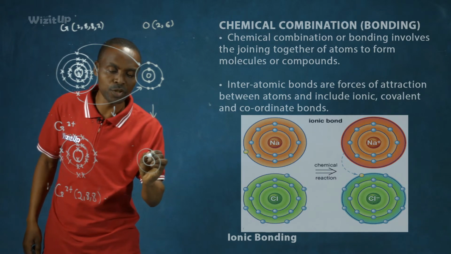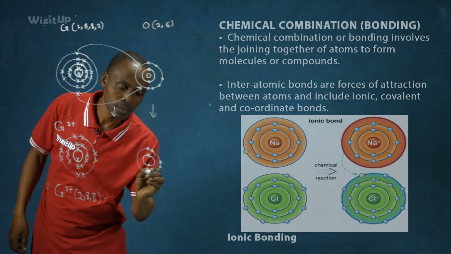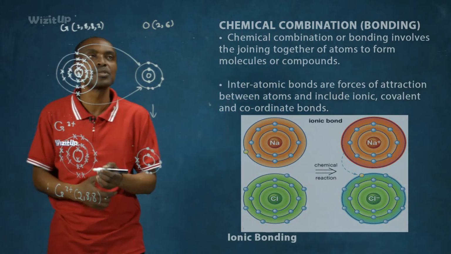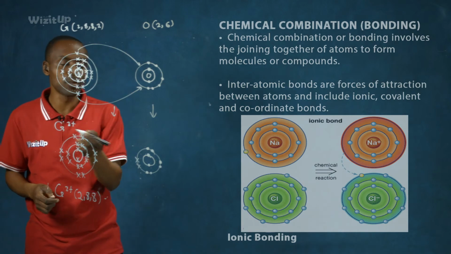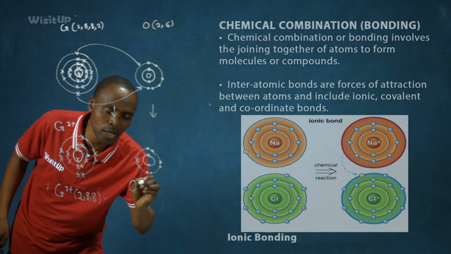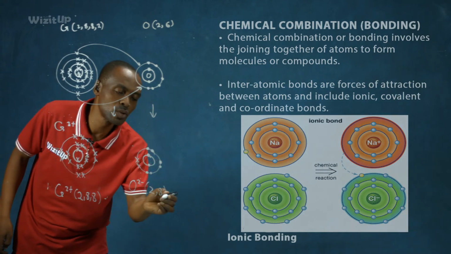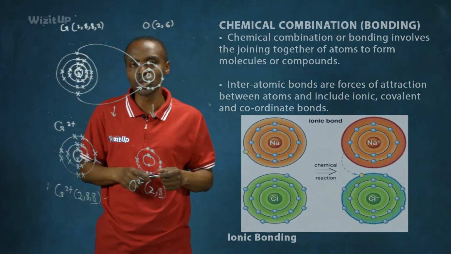We have 2 extra electrons from the calcium, and that gives the oxide ion an electronic configuration of 2, 8. So we now have 8 electrons in the outermost electron shell.